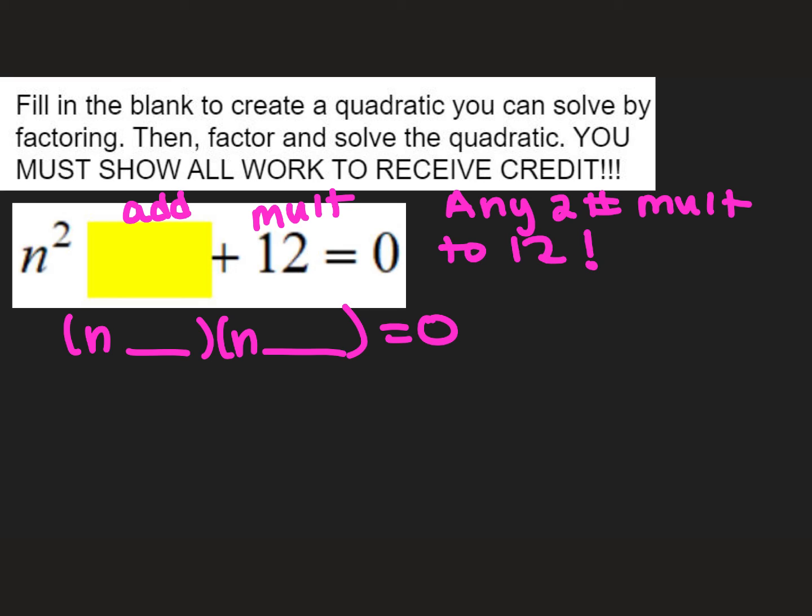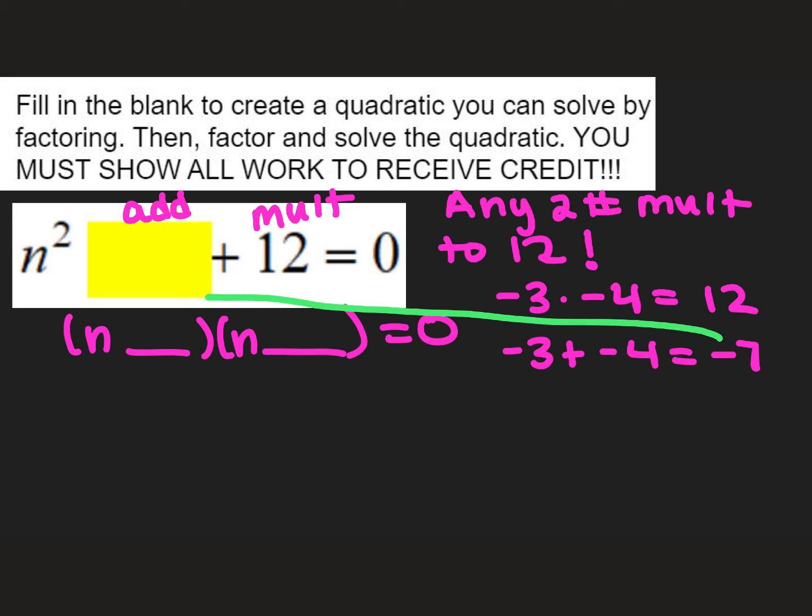So if I want to do this, let's say I decide to use negative 3 times negative 4 gives me 12. I could also have negative 3 plus negative 4 gives me negative 7. So I would have to fill in this negative 7 here. But again, we know it has to have a variable, so minus 7n.